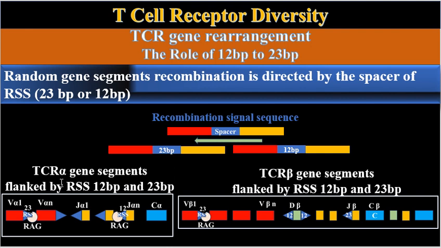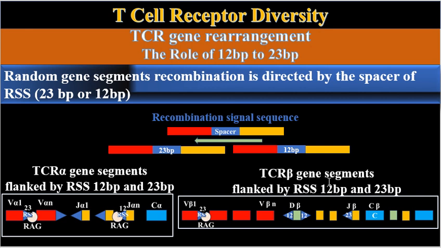And as can be seen here, this is TCR alpha gene segments flanked by a recombination signal sequence spacer of 12 base pair. It flanks the joining segment, and 23 base pair flanks the variable alpha segment.